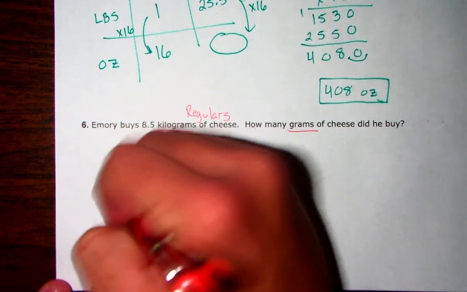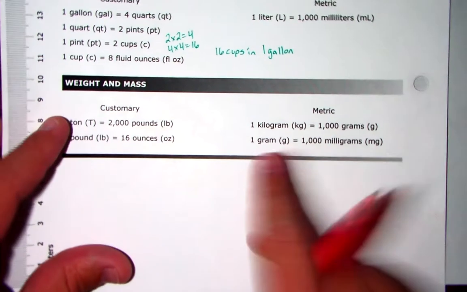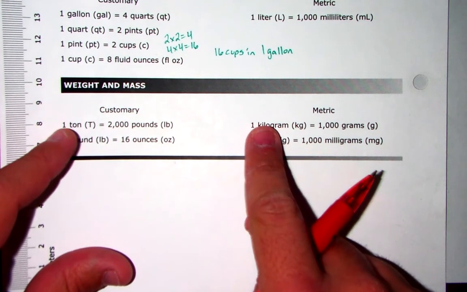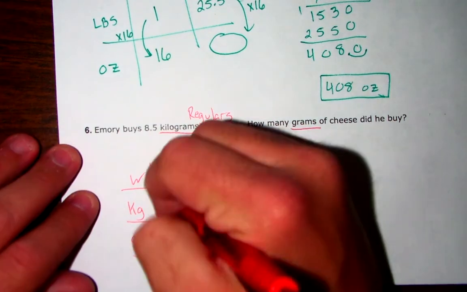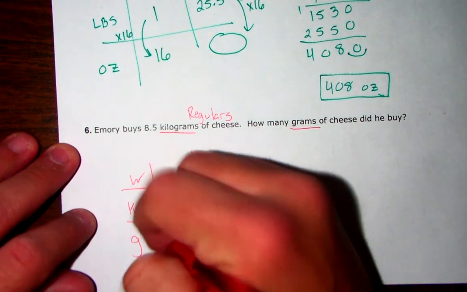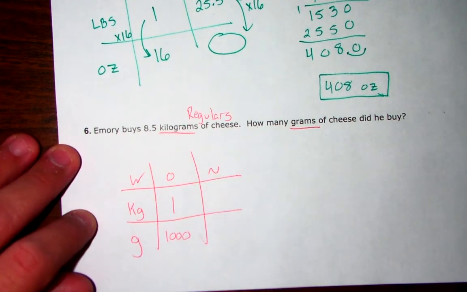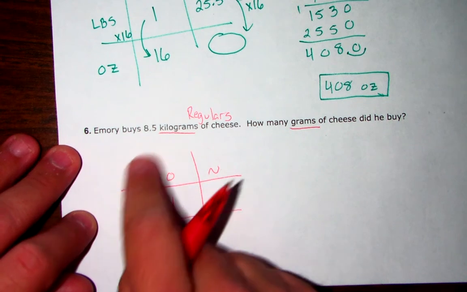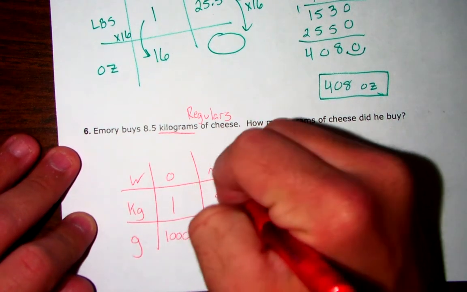we are comparing kilograms to grams. Star chart. Here it is. 1 kilogram is 1,000 grams. My new information says I have 8.5 kilograms.